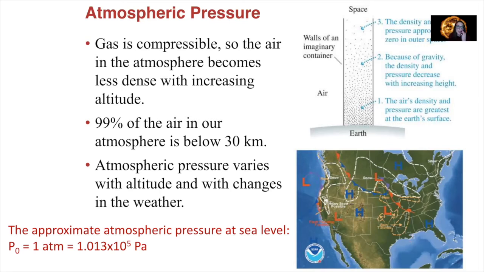The atmospheric pressure varies with altitude and with changes in the weather. But the approximate atmospheric pressure at sea level, we call 1 ATM, 1 atmosphere, and that's equal to 1.013 times 10 to the 5 pascals, but usually for a problem that we're solving, we can just say 1.01 times 10 to the 5 pascals is atmospheric pressure.